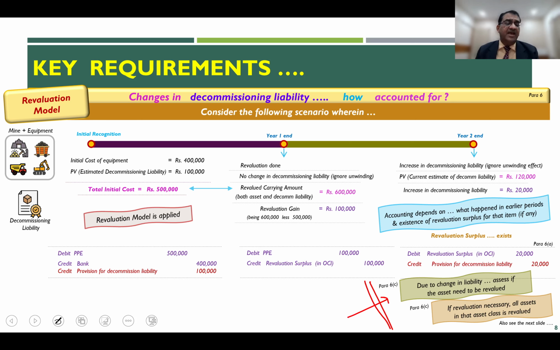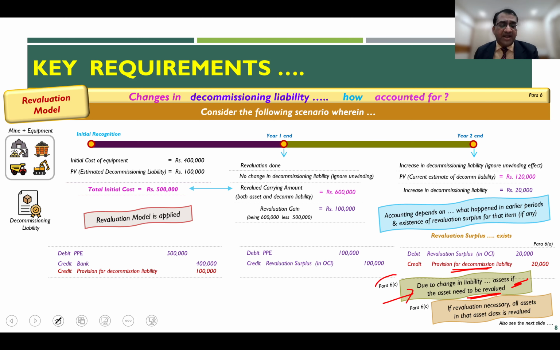Paragraph 6C says that when you have a change in this decommissioning liability, then the entity, via paragraph 6C of IFRIC 1 and Appendix A to Ind AS 16, is required to assess whether the underlying PP&E also needs to be revalued, because the change in the decommissioning liability may indicate that the asset may not be at its fair value.